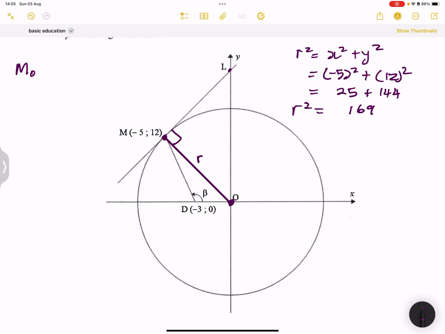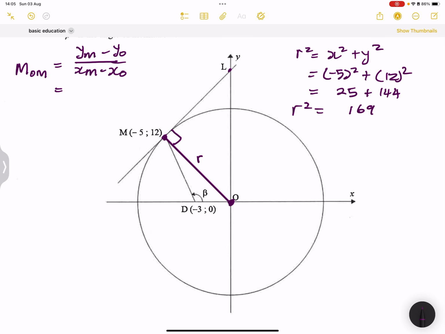The gradient of OM is y of M minus y of O, divided by x of M minus x of O. It's just easier for us to put the zeros at the end.